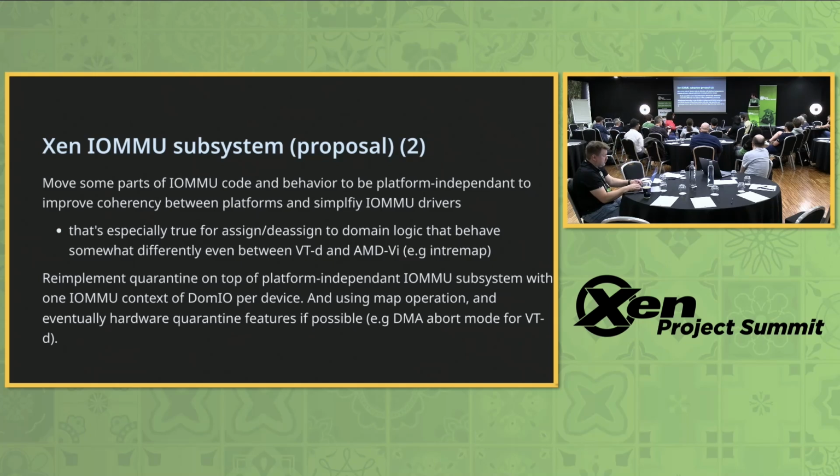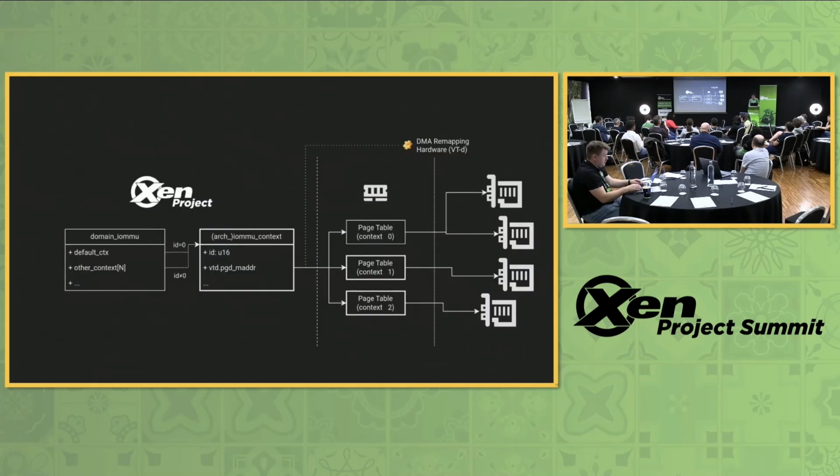A lot of discussion. So, well, it looks pretty much like this. We have the domain IOMMU structure. That's why I took the term IOMMU context, because IOMMU domain is going to be quite confusing.